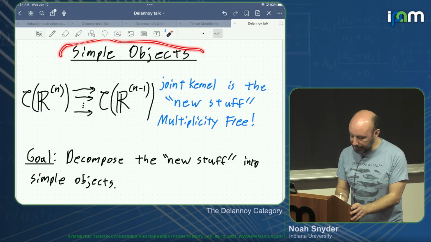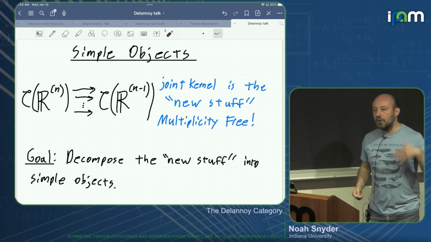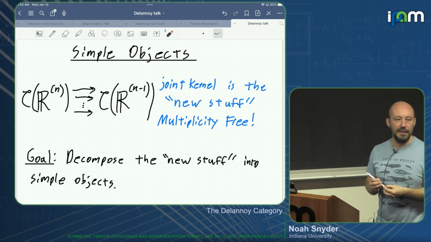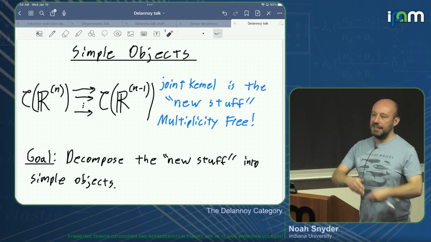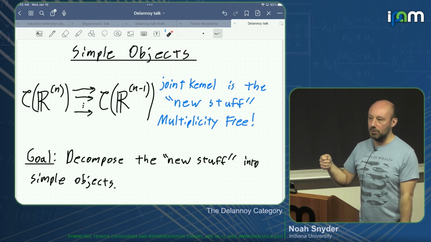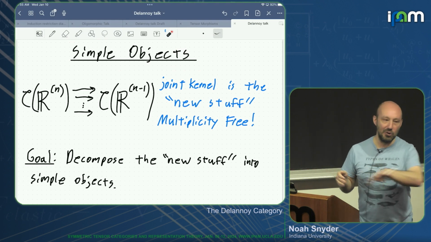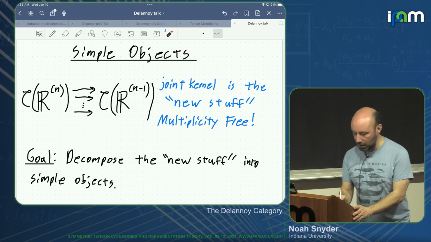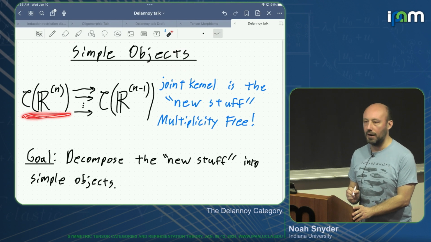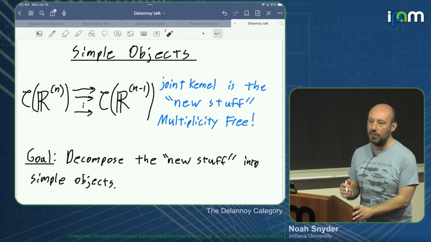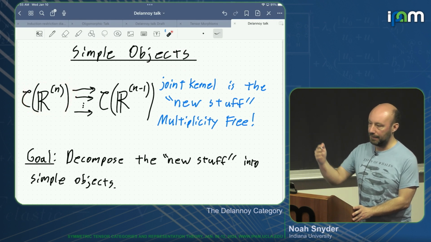Okay, so first I want to tell you the simple objects. There's a general approach in tensor categories to finding the simple objects where you take your favorite object, start looking at higher powers of it, and at each step you look at what the new objects are that come up and ignore the old stuff. So we're going to take that same approach. We're going to look at Schwartz functions on R^n, and focus on just the new things, the stuff that first came up at level R^n.